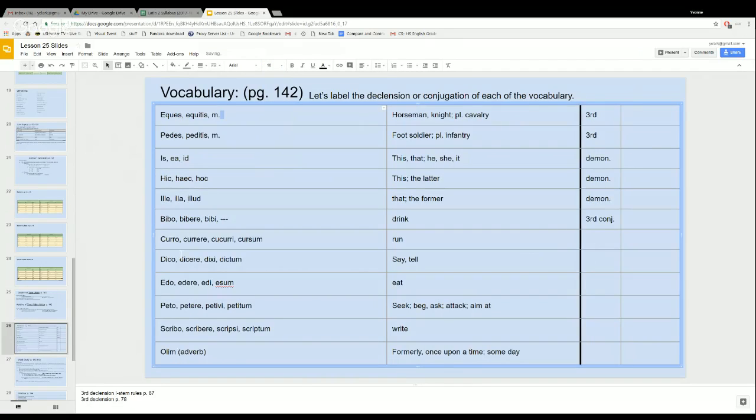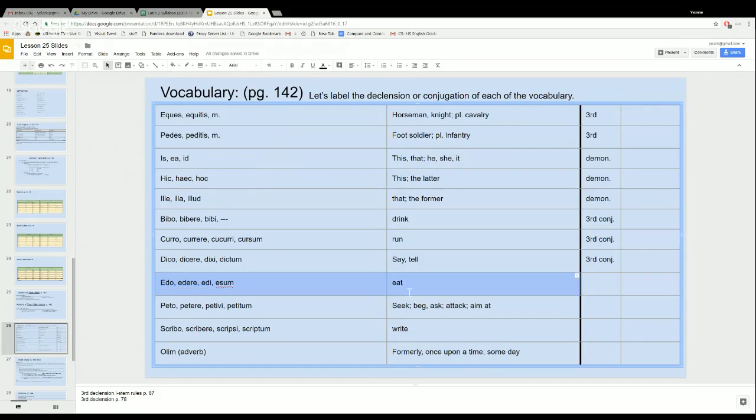All right. Now, Ellie, back to you. I'm going to have you do these two, please. Curro, currere, cucurri, cursum: to run. Dico, dicere, dixi, dictum: say, tell. Good. And what conjugation, everybody? Third. Yep, they're both third. All right.